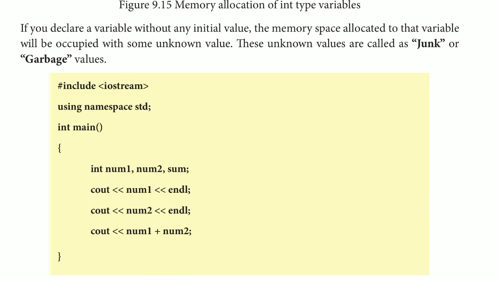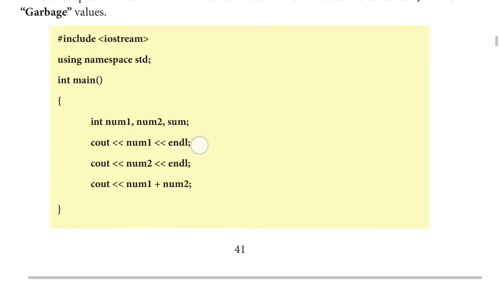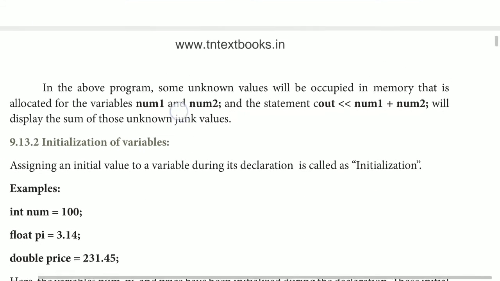This feature is available in many programming languages like C, C++, Java, and Python, and it collects the unused memory after the program finishes. Here in this example they have created three variables and used them to print some values.